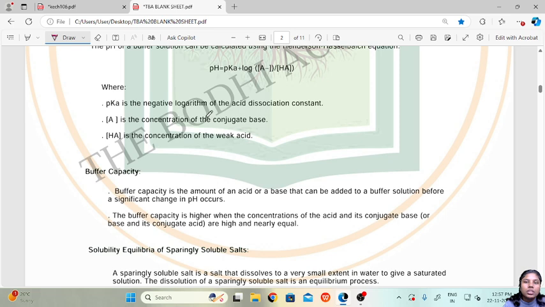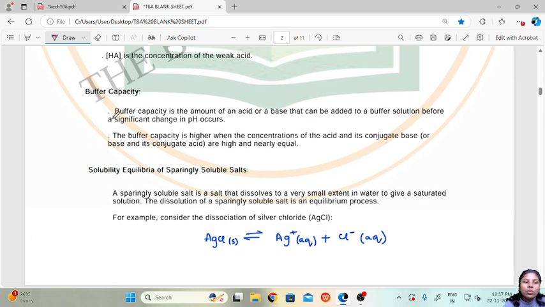A minus is the concentration of the conjugate base, or the salt that we have taken, in the numerator. HA is the concentration of the weak acid, in the denominator. Now let's look at buffer capacity.